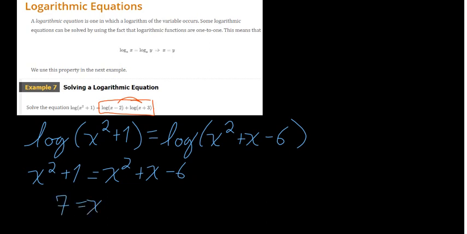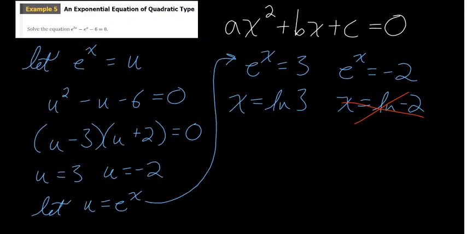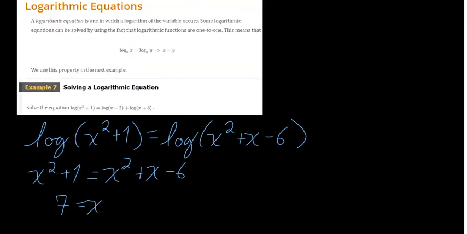And 7 does work in my original equation, because if I plug 7 into any of these x values, 7 squared is 49, 49 plus 1 is 50, that's positive. 7 minus 2 is 5, that's positive. And 7 plus 3 is 10, and that's positive. So 7 does indeed work. All right, and that's it.